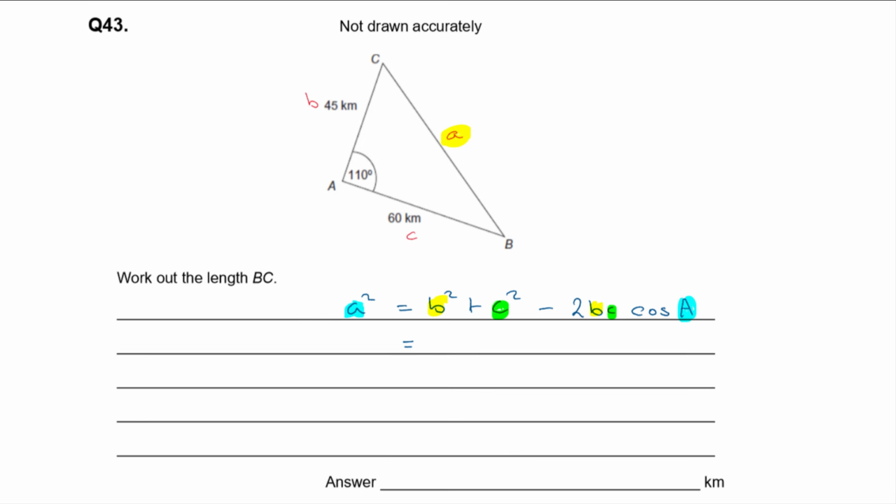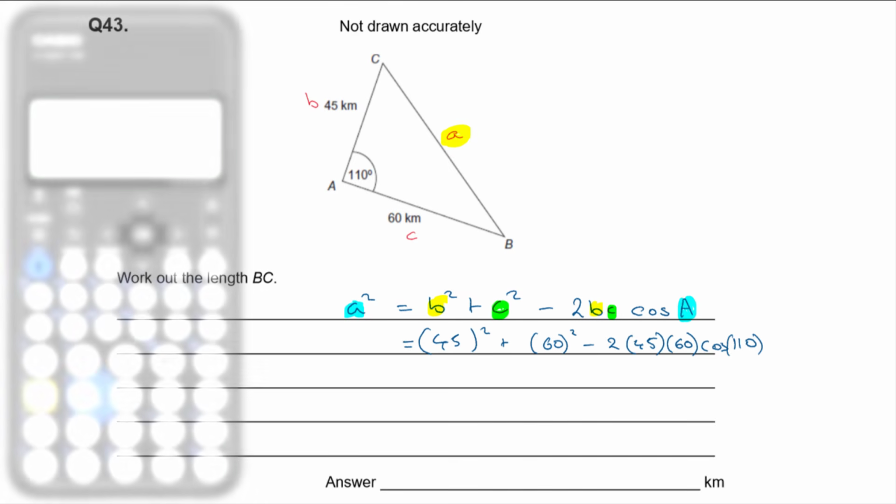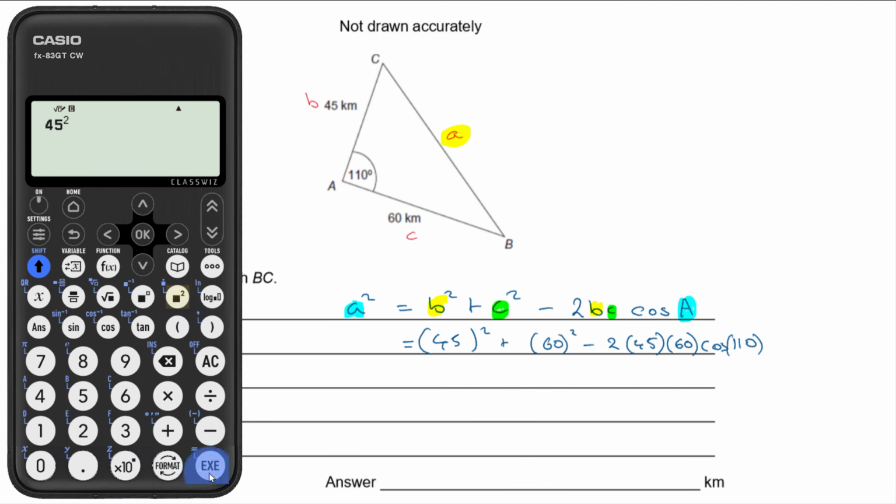So b is 45, so that's 45 squared, plus c, which is 60 squared, minus 2 lots of b, which is 45, and c, which is 60, times the cos of A, which is 110 degrees. So that's what needs to be typed in. Again, a long one, take care.